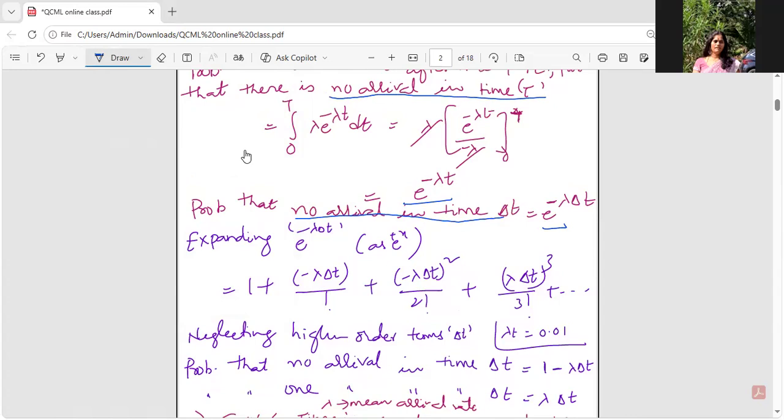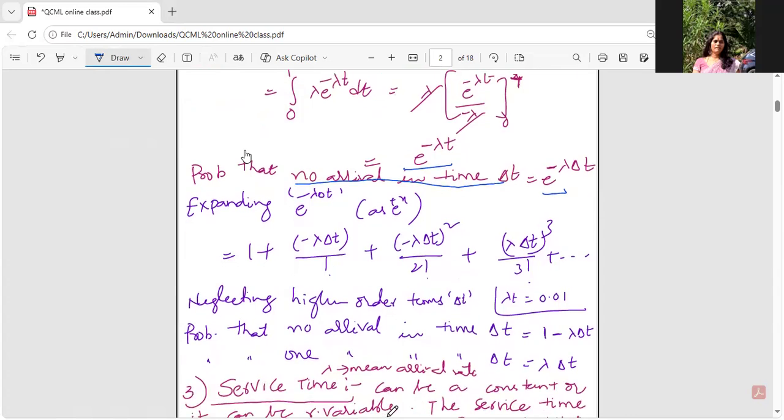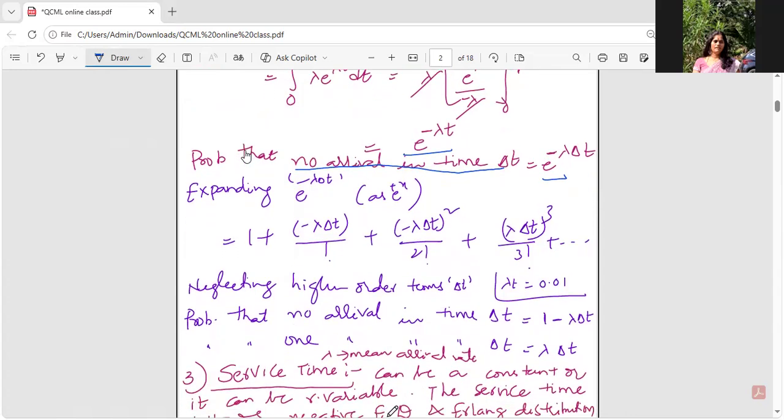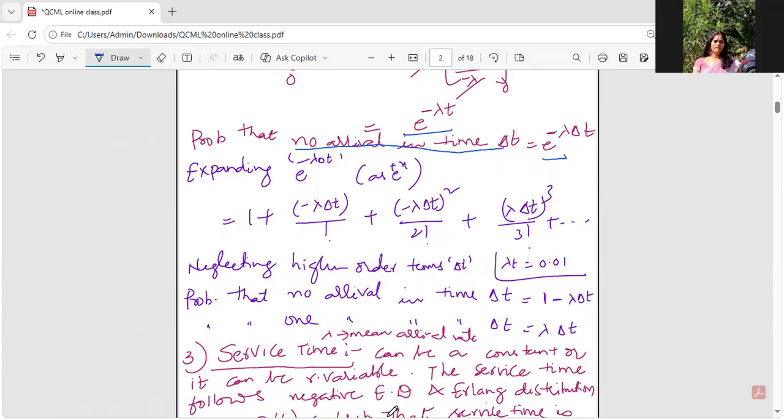Now, if you expand e power minus lambda delta t in terms of the e power x series, this is what you have. Since delta t is very small, squares and cubes make it even more negligible. For example, if it is 0.01, then squaring and cubing makes it even more negligible.